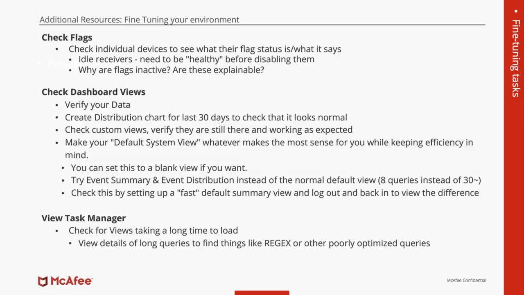Some things you can try are the event summary and event distribution views instead of the normal default views. Those are about 8 queries instead of 30. You can check this yourself by setting up a so-called fast default view, then logging out and back in to see the difference.